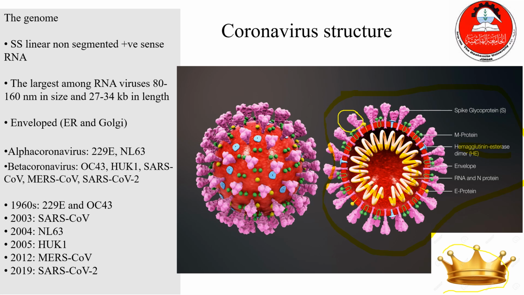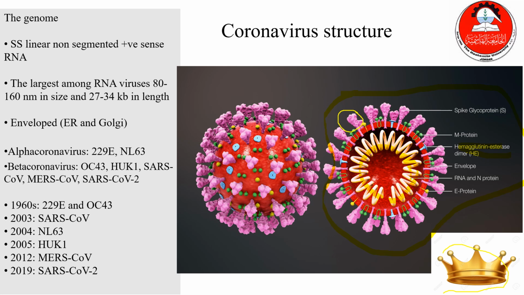The coronaviruses are divided into 4 groups: alpha coronavirus, beta coronavirus, gamma coronavirus, and delta coronavirus, and they all infect animals. The alpha and beta coronaviruses infect both animals and humans, but the human coronaviruses are mainly seen in beta coronavirus, and another 2 human coronaviruses are seen in alpha coronavirus.